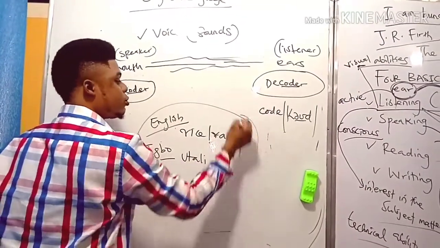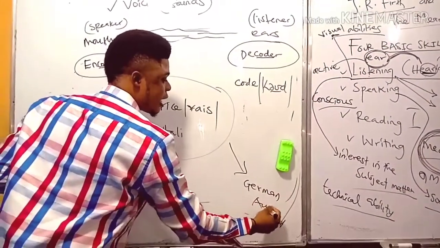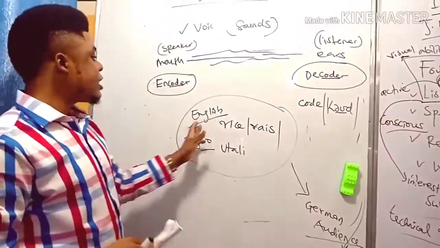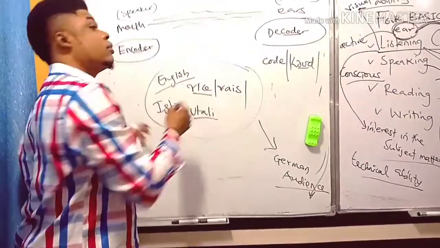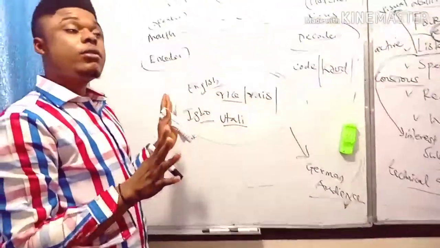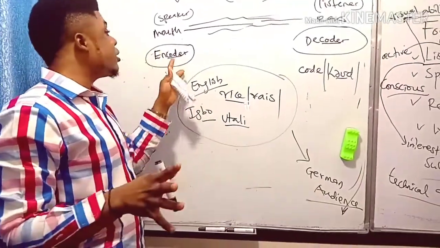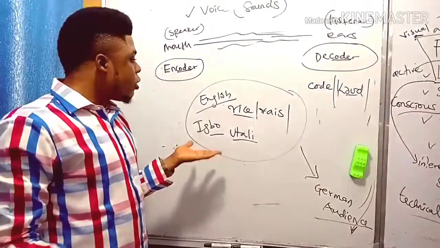And let's say I'm speaking to a German audience. I don't know why I like Germany so much. A German audience. And I say rice. And I say otali. That means I'm saying codes that are not what? Decoded. Like the listeners cannot decode these codes because they are not conversant with these terms.